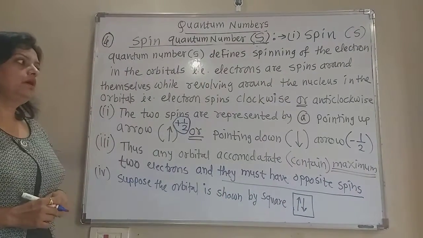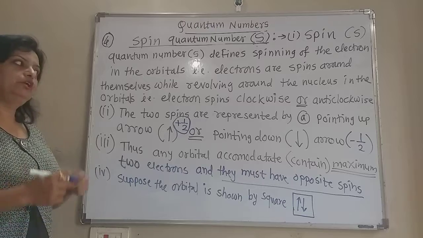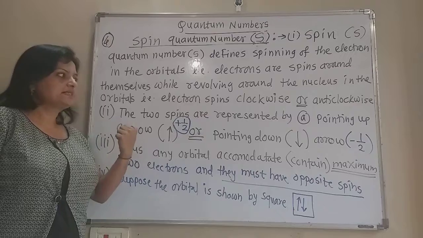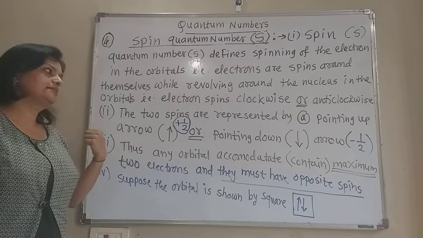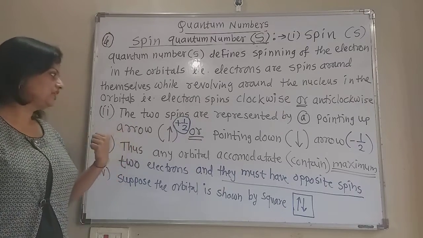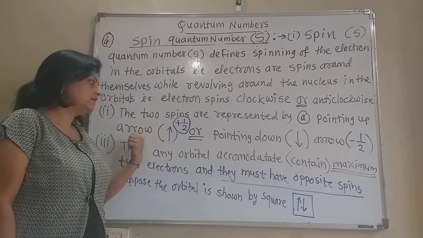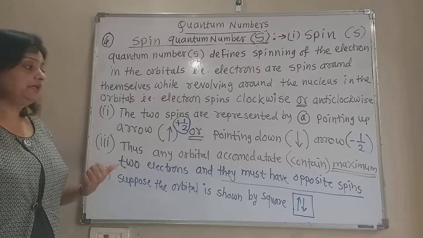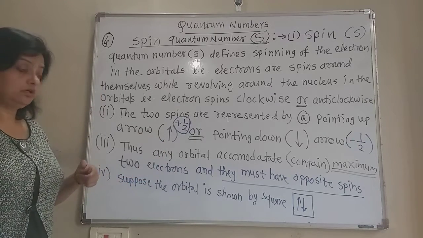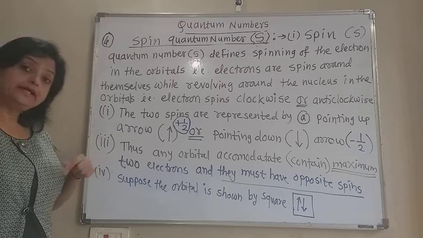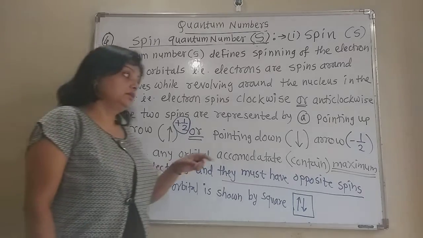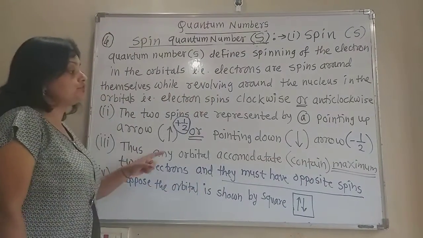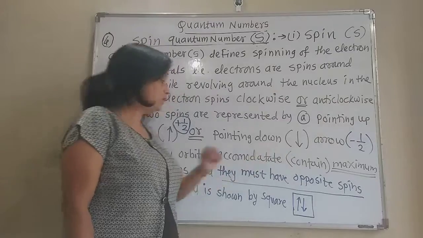That means the spin quantum number has only two values, plus half and minus half. If the electrons are spinning clockwise, they are denoted by the upward pointing arrow. And if the electrons are spinning around themselves in the anti-clockwise manner, then the value of the spin quantum number is minus half, and the electron is shown by the pointing down arrow.